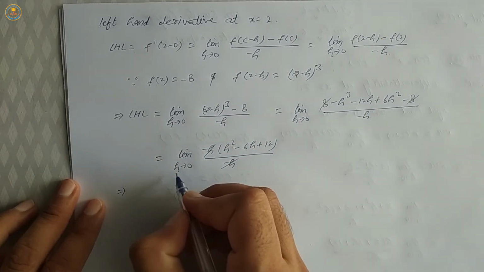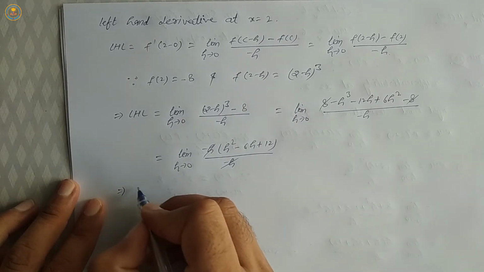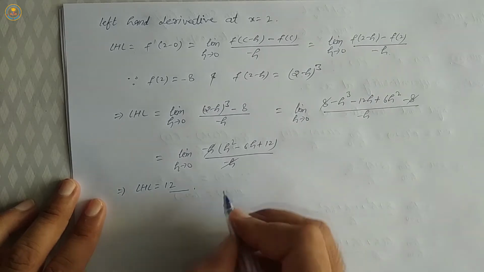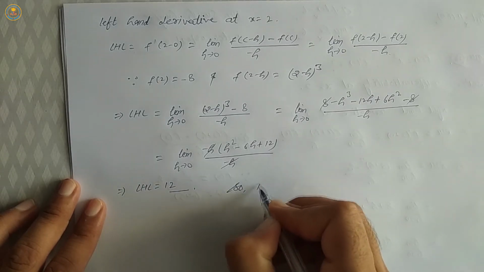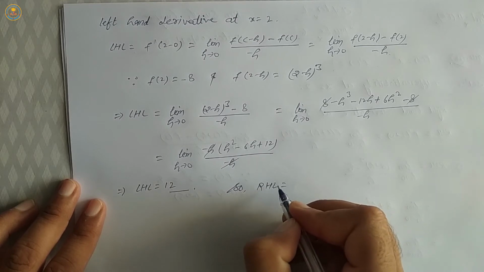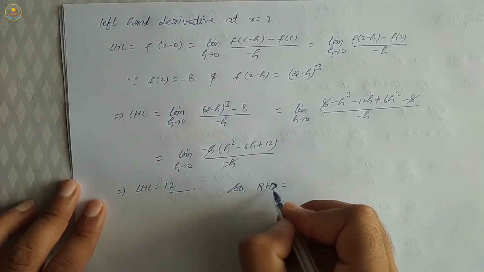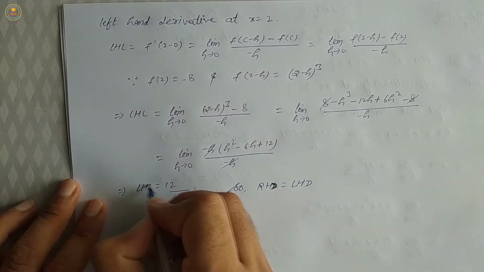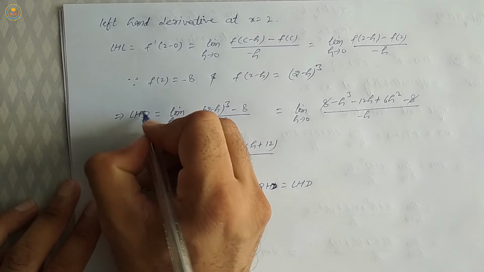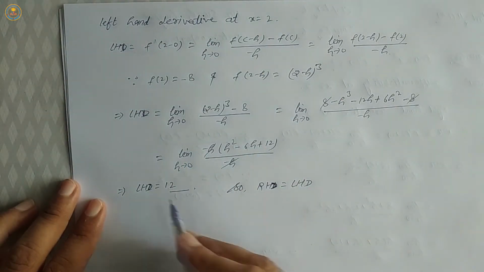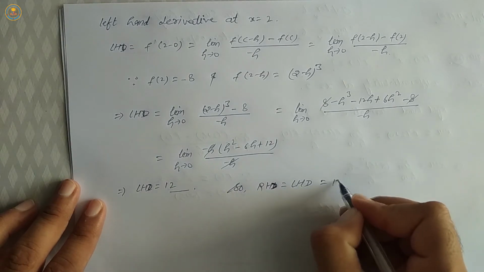Implies put h is equal to 0, LHL is equal to 12. Okay, so RHL is equal to RHD is equal to LHD, left hand derivative. LHD is equal to 12.